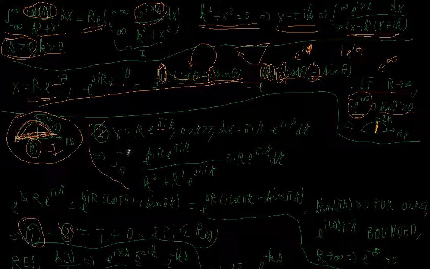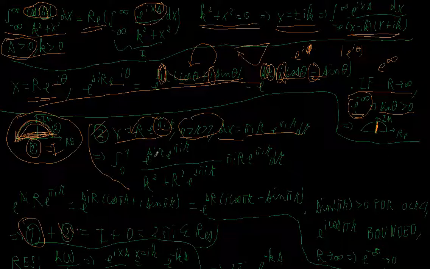Okay, so we will let x be equal to r e to the pi i t. t is between 0 and 1. dx is pi i r e to the pi i t dt. Okay, we just take the derivative with respect to t here, so this pi i comes in front. Now we replace every x with t, and every dx with dt. And so we have the integral from 0 to 1, because t is between 0 and 1.